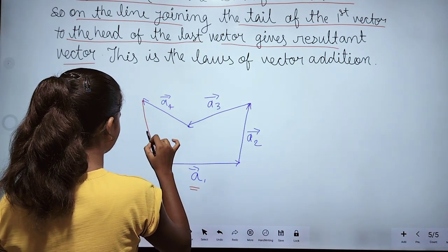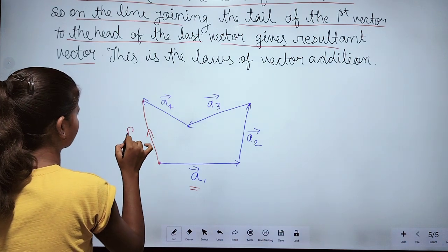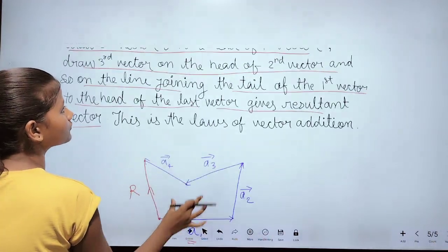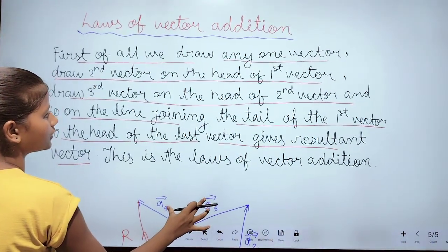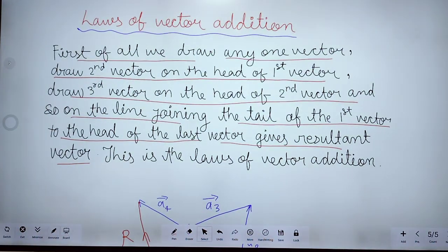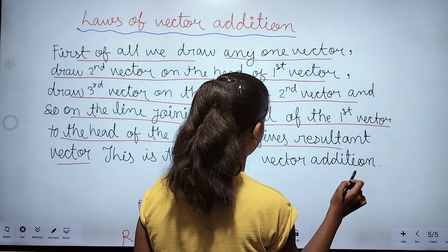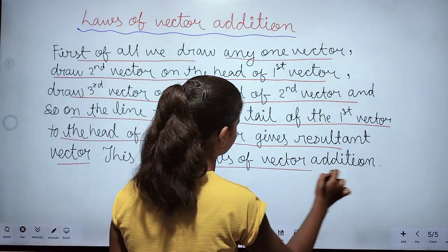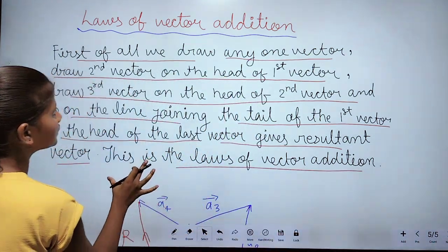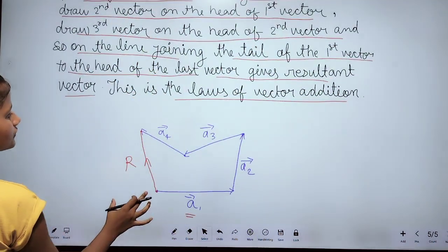It gives resultant vector. This is the laws of vector addition.